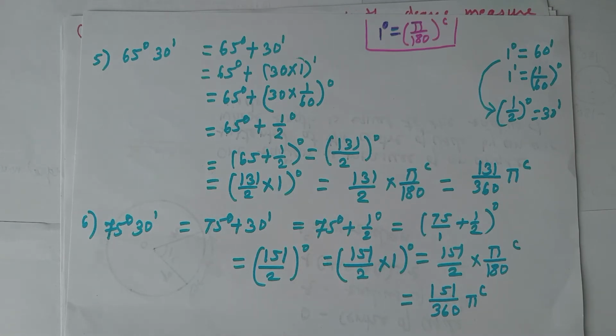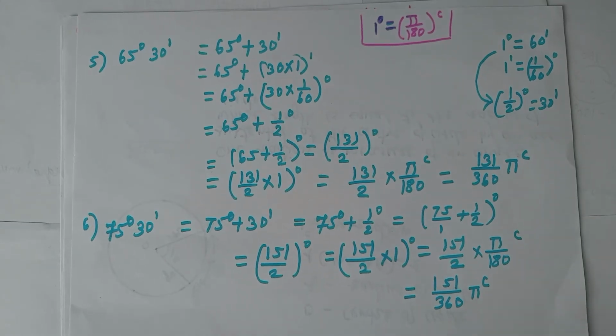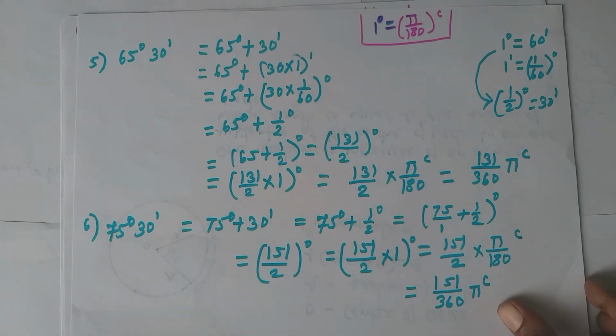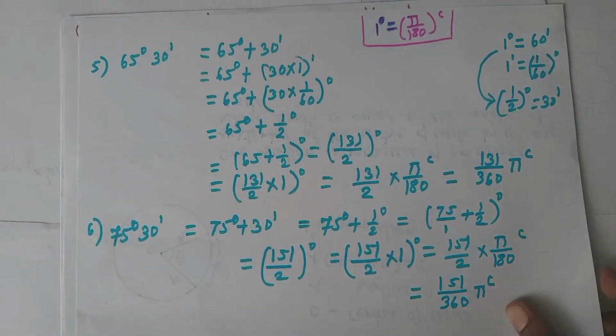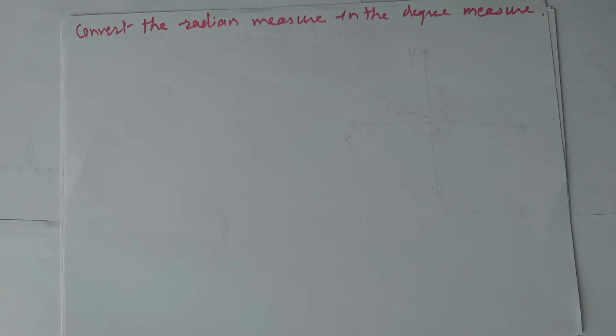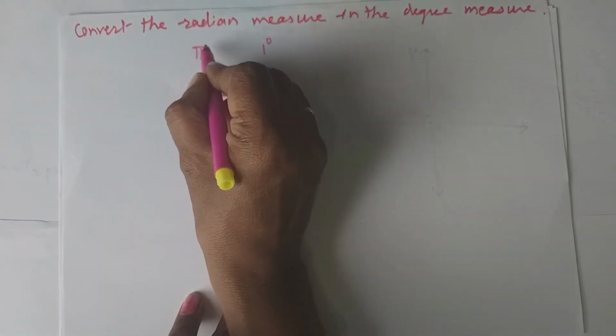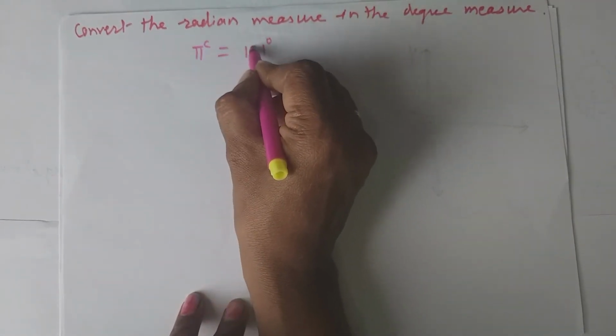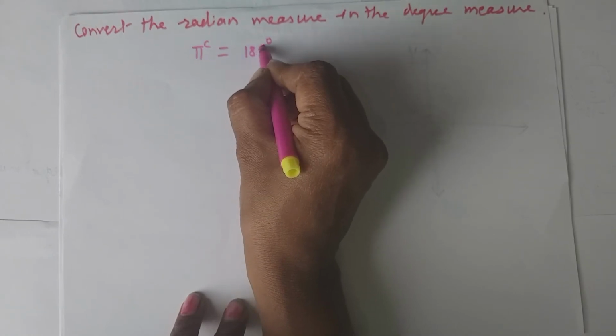Okay, in this way, in the first problem we have seen how to convert degree angles into radians. Now we will see some problems on how to convert radian angles into degree. Okay, see our basic formula. Pi radians is equivalent to 180 degree.